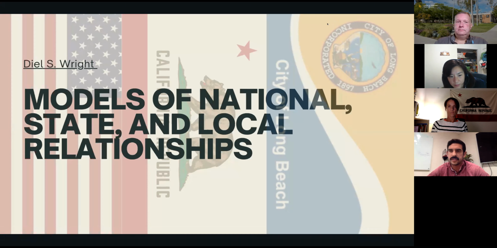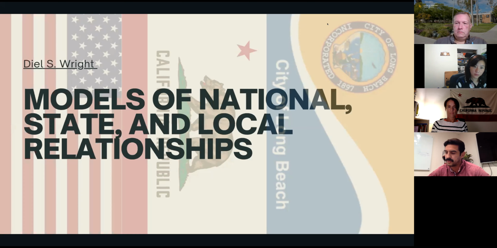They don't really show the complexities and the realities of what government really is. It doesn't show the number and types of entities, the number of personnel involved, the different types of programs and functions, and the different financial resources involved at each level. But it shows a general overview of those relationships between national, state, and local.